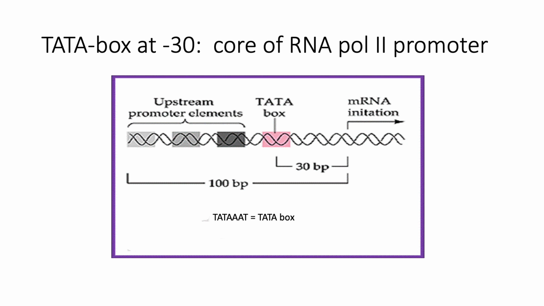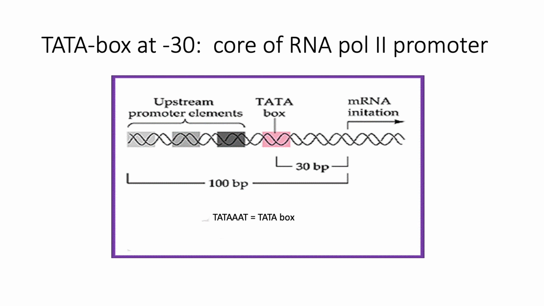This sequence, the TATA box, is present in probably 95%, or maybe higher, let's say 95%, of all RNA polymerase 2 transcribed genes. So it's extremely important. In addition, and we'll talk about these later, there are additional upstream promoter elements that we'll see participate in whether or not the transcription occurs.